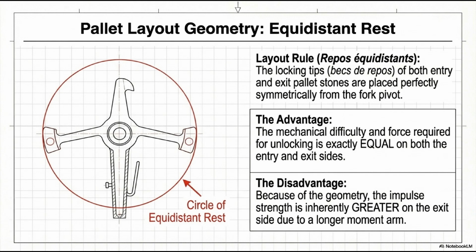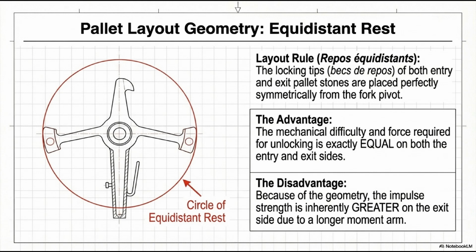That's the advantage. But here's the problem. The stones have finite length. If the locking tips are equidistant, the midpoints of the impulse faces, where the tooth slides during impulse, are at different distances from the pivot. The exit side's impulse face midpoint sits at a longer moment arm than the entry side. This means the tooth pushes the fork harder on the exit alternation.